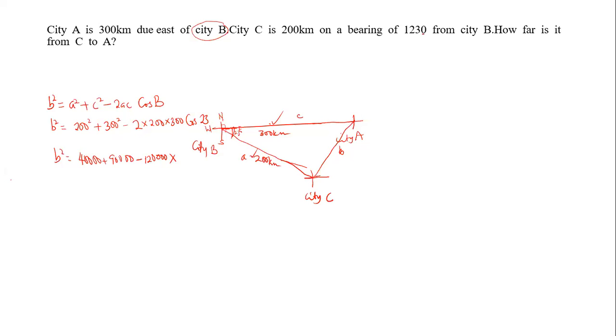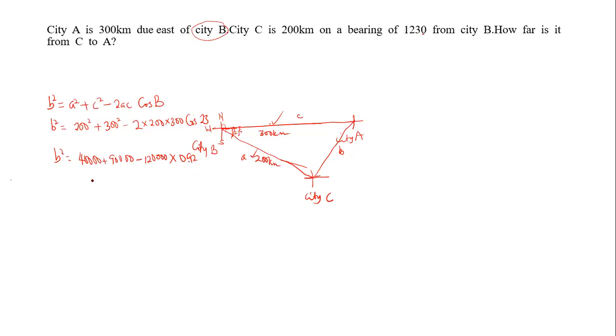If you use your calculator, cos 23 will be 0.92.